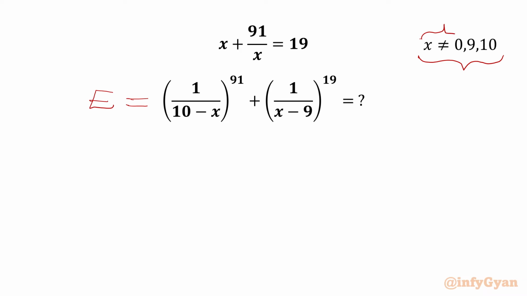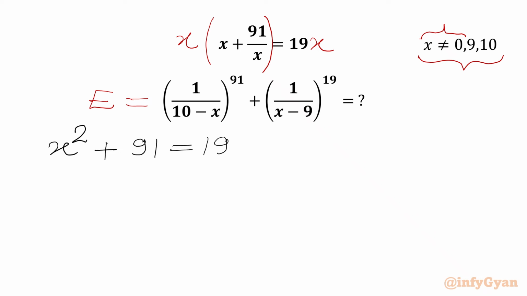As x cannot be 0, we can multiply our given equation by x on both sides. Let's multiply x into the bracket. We will get x times x, x squared, plus x times 91/x, 91, equal to 19x.